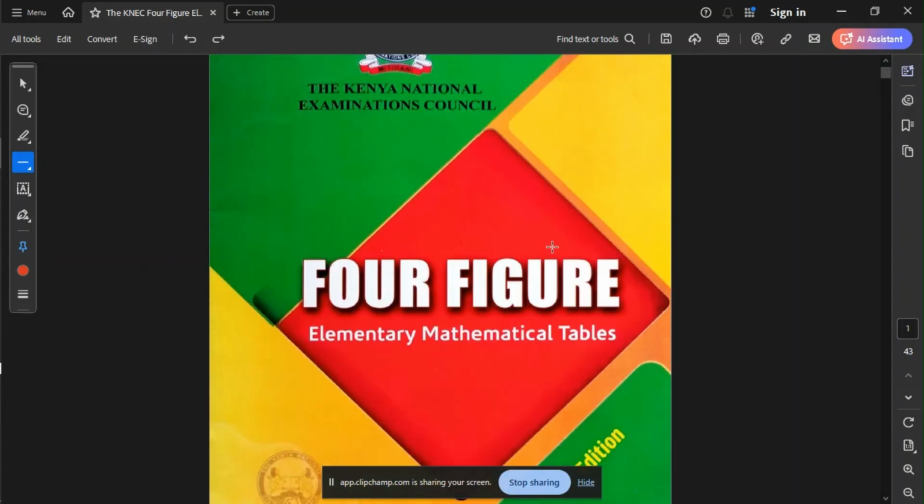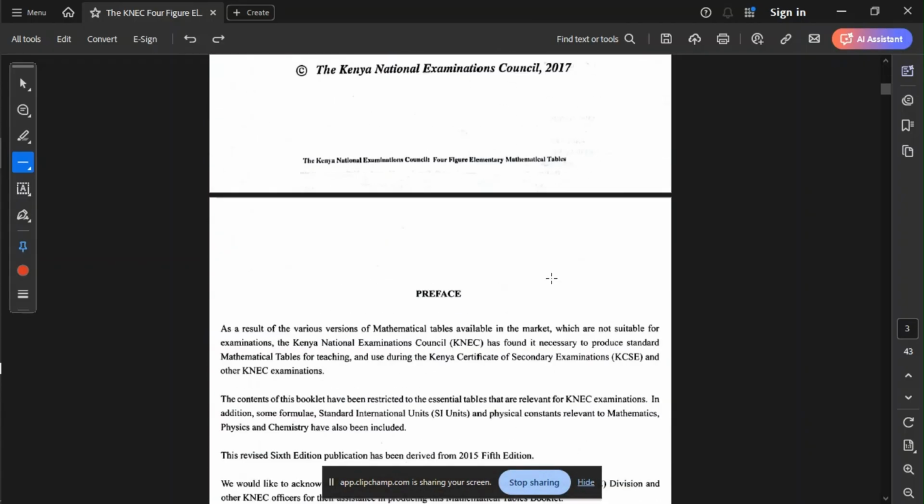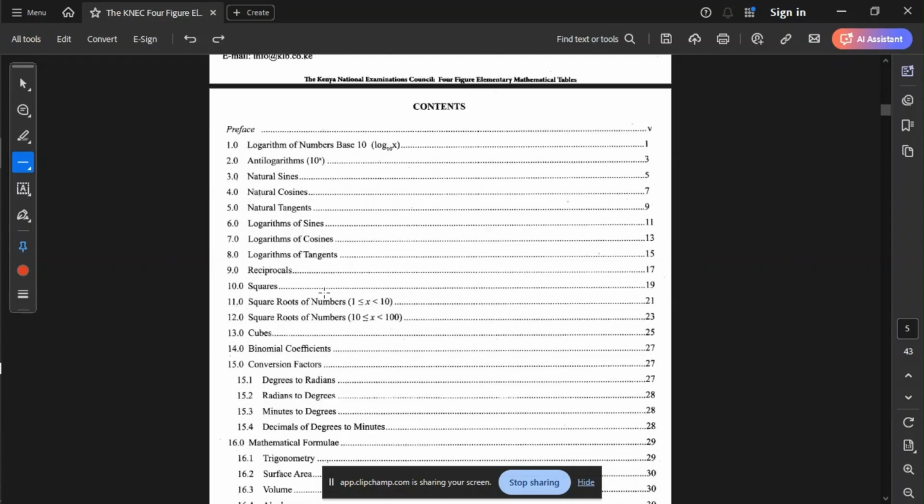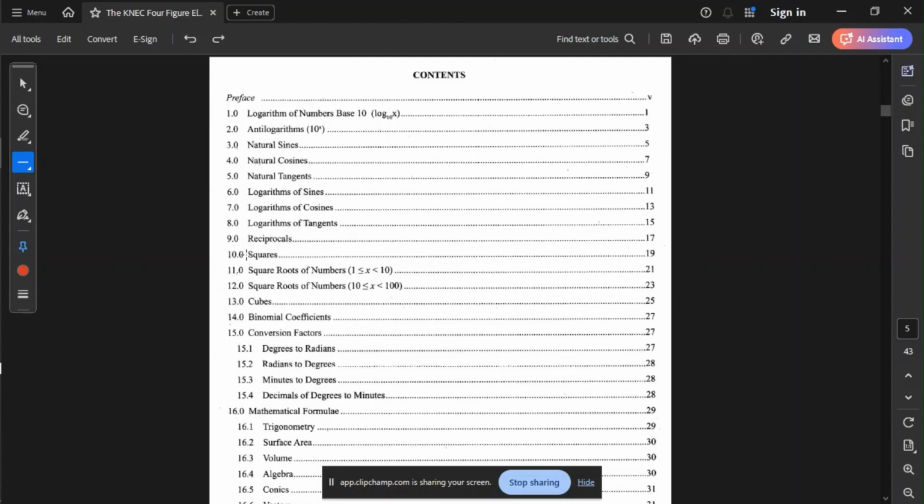So this is how the table looks. And this table is full of so many things. If I take you to the table of contents, all these are tables. To know which one I am supposed to use, I will go where you have the square here. This is what I want to make use of. That is page 19.